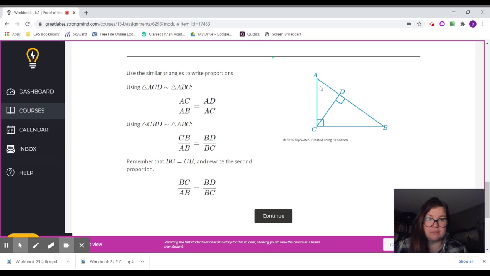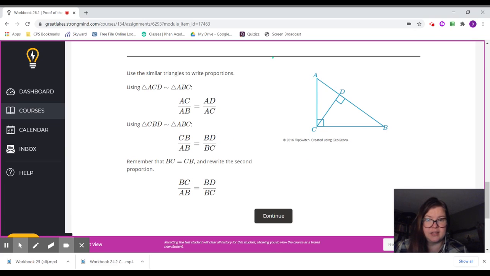But AC is to AB, so that would mean short side of the big one is to hypotenuse of the big one, as AD, the short side of the small one, is to AC, the long side of the small one. So short leg and hypotenuse, short leg and hypotenuse.